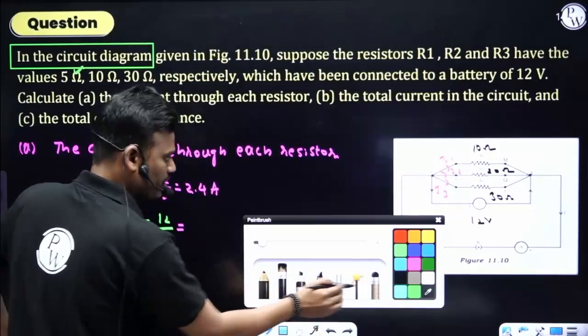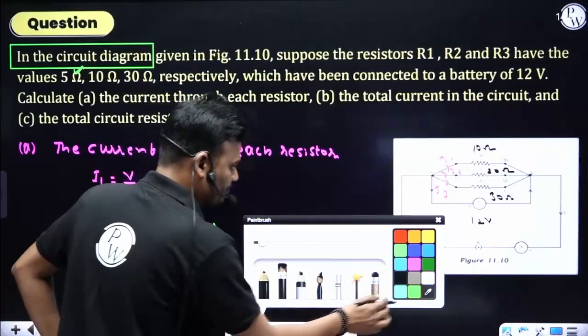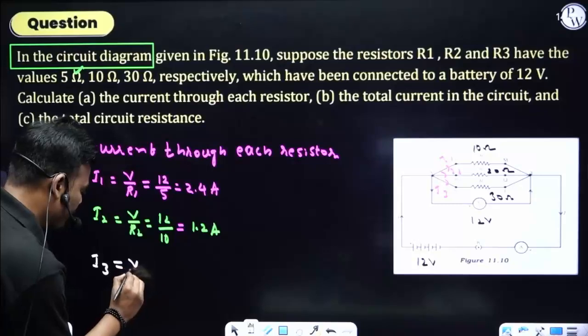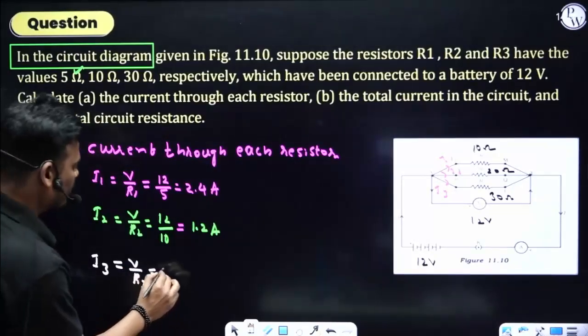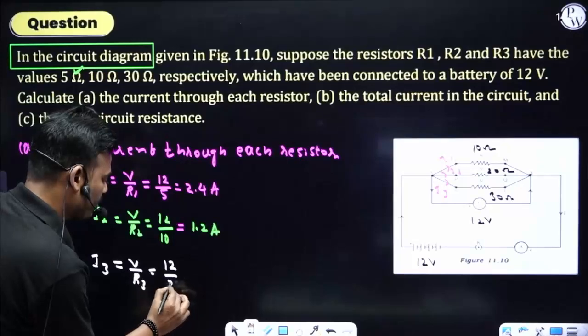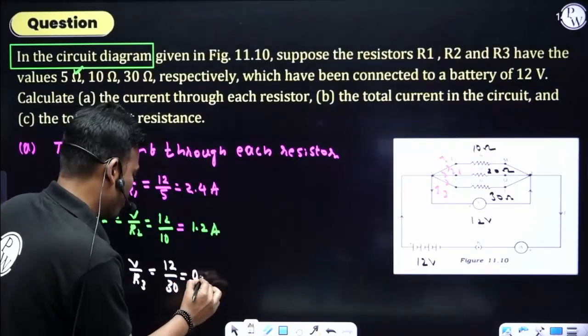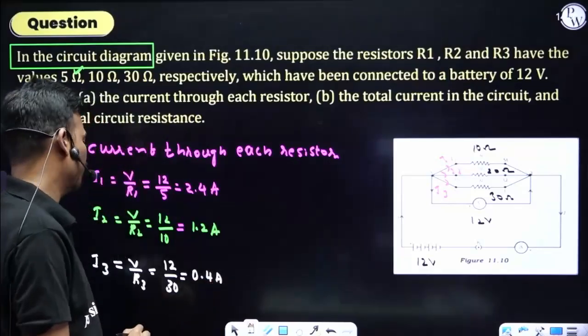Now, last one, I3. That is V divided by R3, which equals 12 divided by 30, so that is 0.4 ampere.